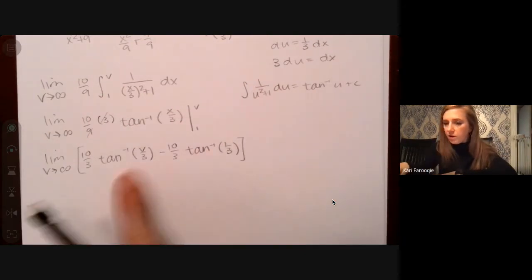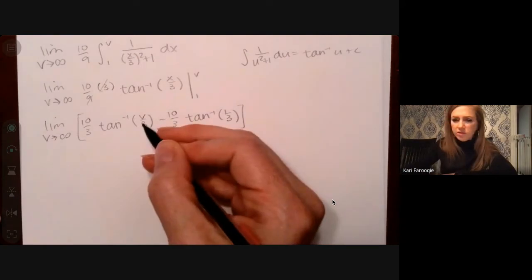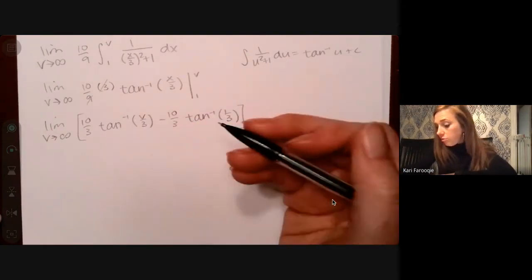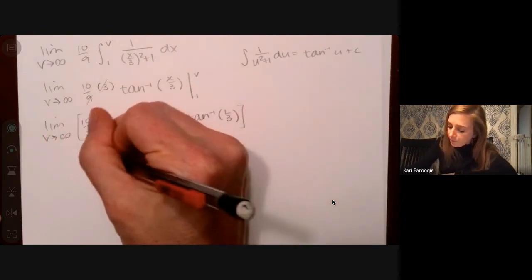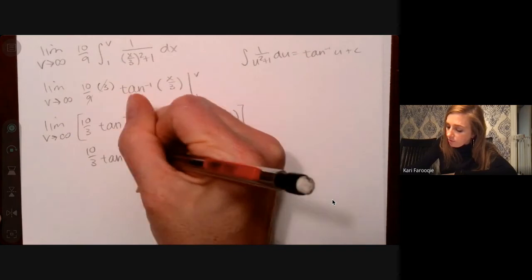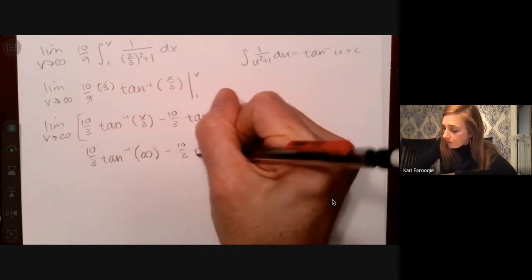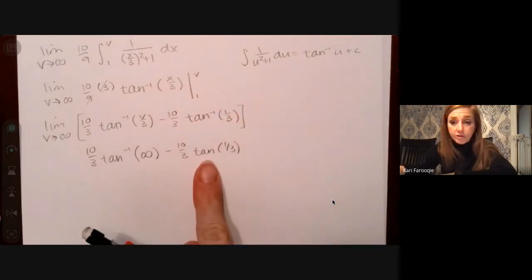This is something we actually worked with quite a bit when we were talking about improper integrals, working on these with inverse tangent forms. We did this a couple of times, and we talked about the inverse tangent of infinity being pi over 2. So if you would like, I guess we can write it out. This guy is just going to be a constant.